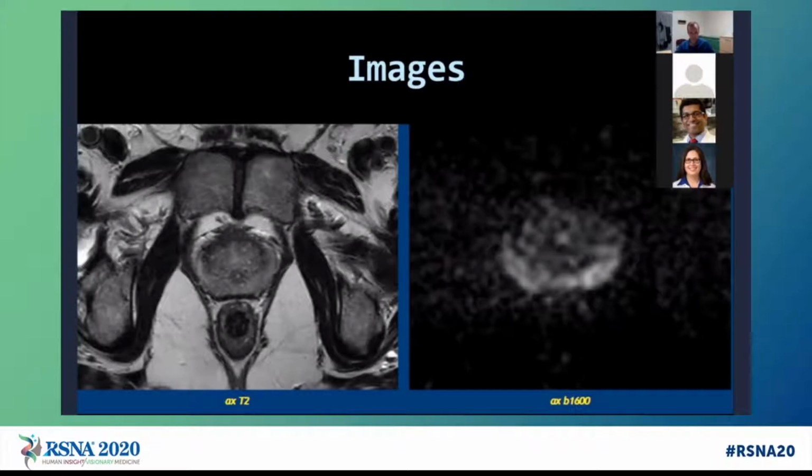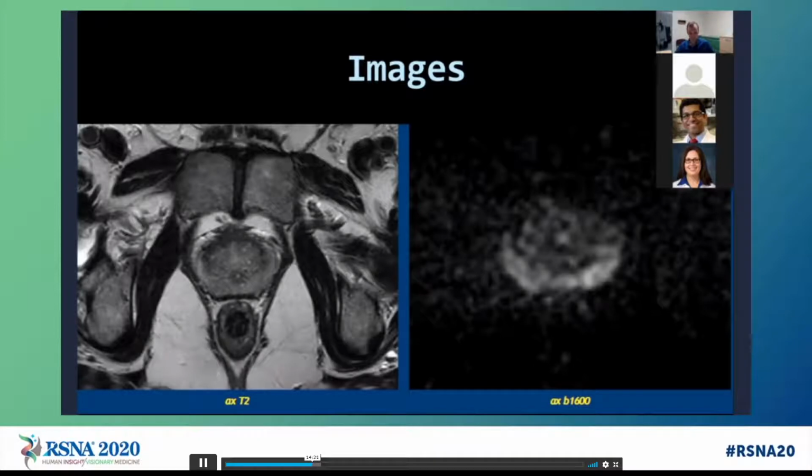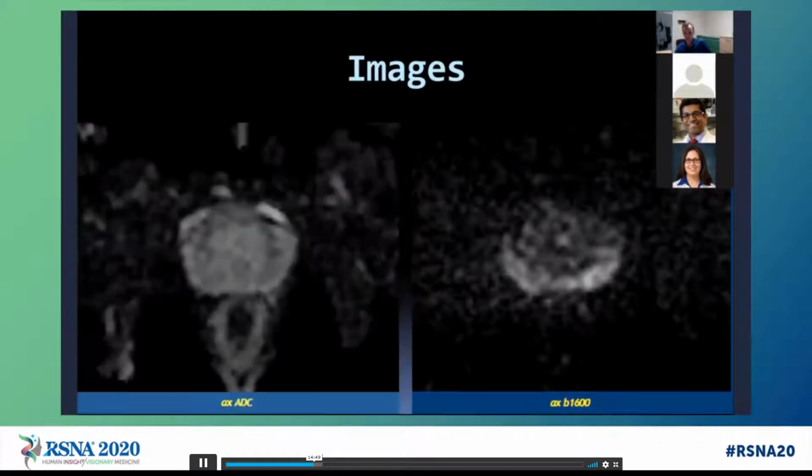Maybe there's a little bit more in the left posterior neurovascular bundle, but as I look at this case, the first thought that crosses my mind is that this is a post-biopsy image. So could this be diffuse prostatitis, or could this be diffuse hemorrhage? We'll look at some other sequences to tease that out a little more.